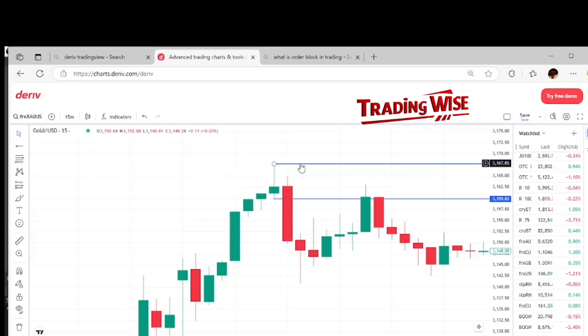A fair value gap is the space between the order block and the third candle, the second candle after the order block. So this is the second candle after this order block, and if you count the space, it is this place. Let me move this now so you understand.